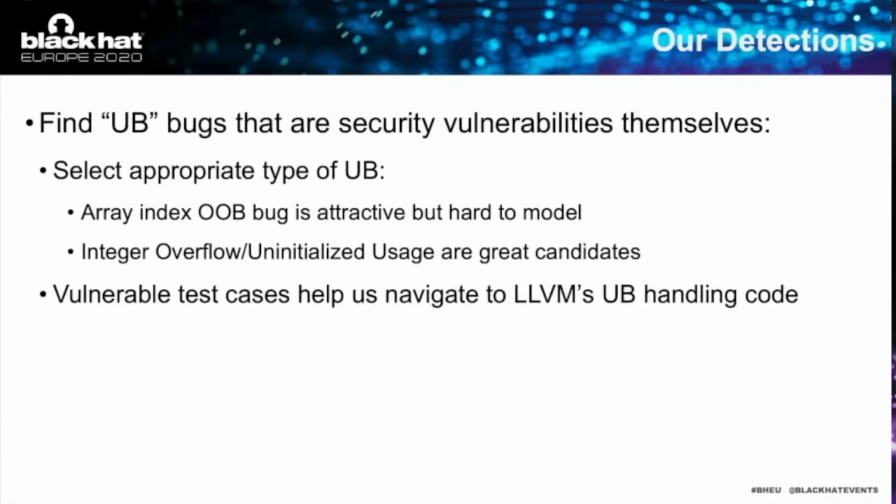We can choose other appropriate types of undefined behavior, such as integer overflow and uninitialized usage. If we have difficulties in locating LLVM's undefined behavior handling code, we can write vulnerable test cases to help us understand LLVM's code.